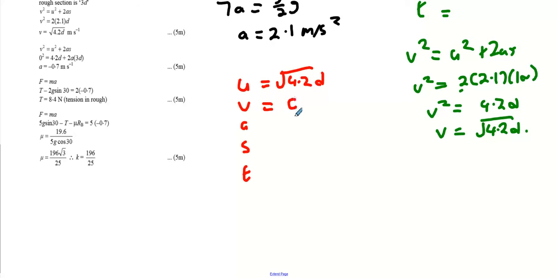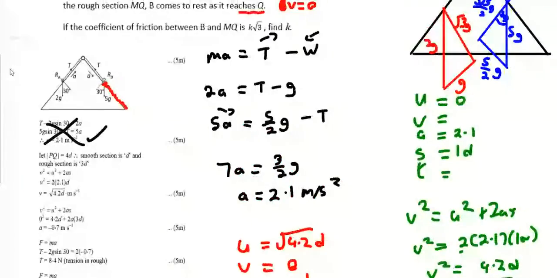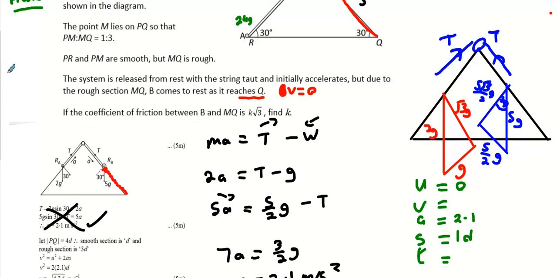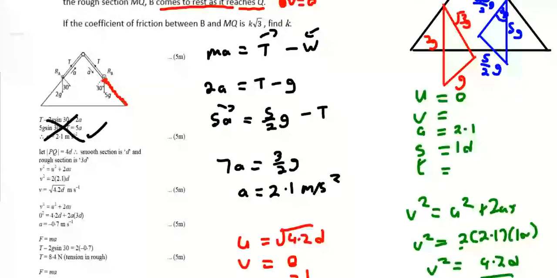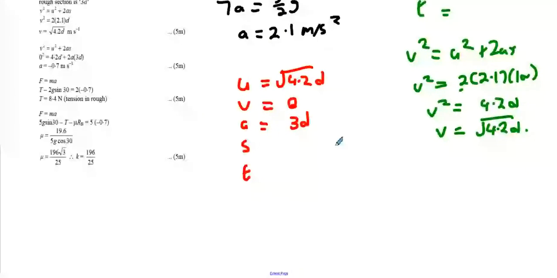We know its final velocity is 0, and it travels 3d more, because remember, the rough section would be 3d, and it says it comes to rest as it reaches Q. So its final value is 0 as it reaches Q, and S is 3d.